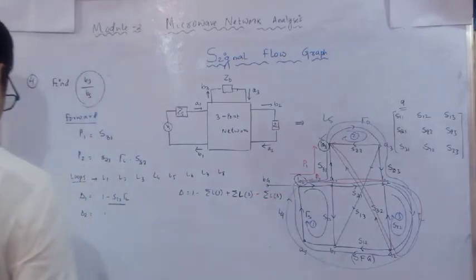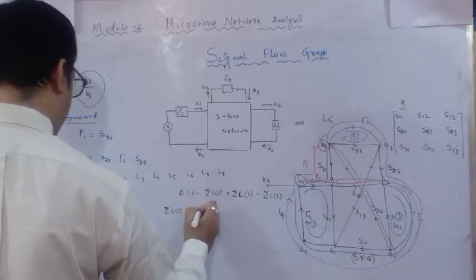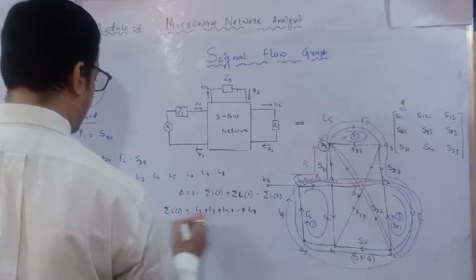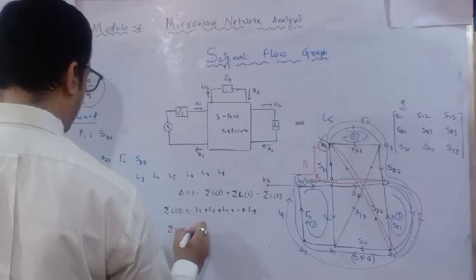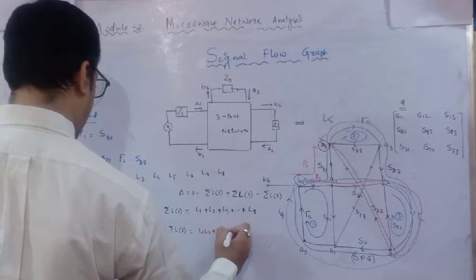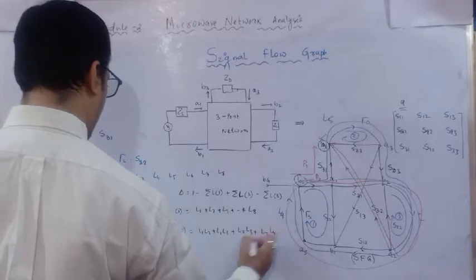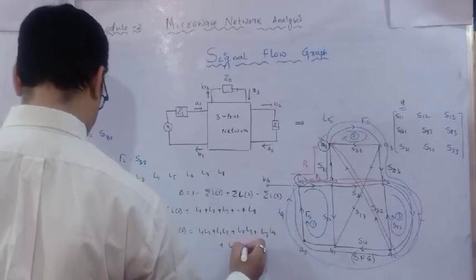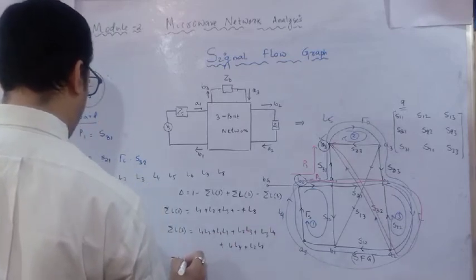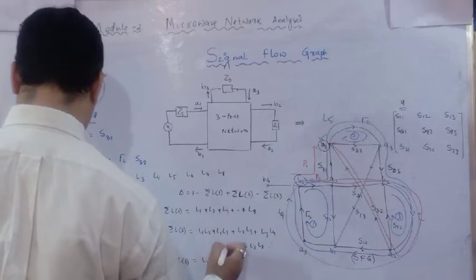The summation of L1 is L1 plus L2 plus L3 and so on up to L8. The summation of L2 is L1L2, L1L3, L2L3, L3L4, L1L7, L2L8. And the loop summation L3 is the product of L1, L2 and L3.